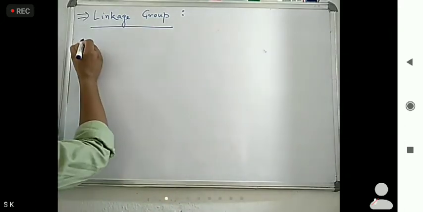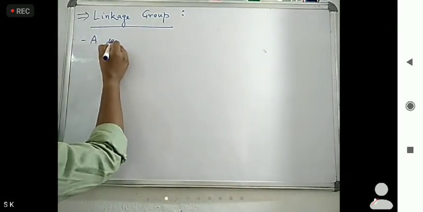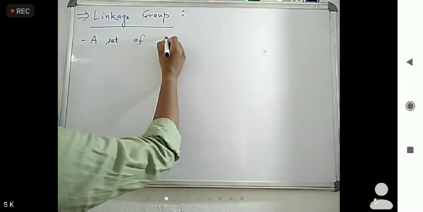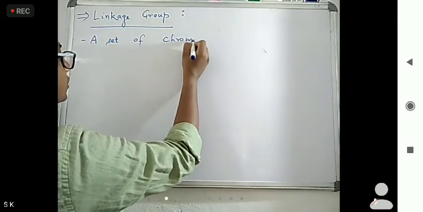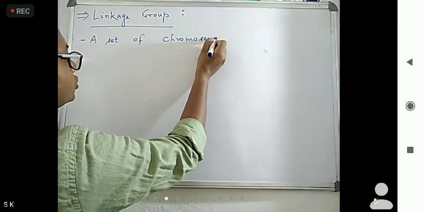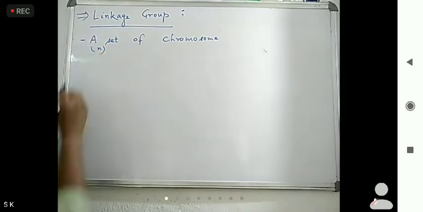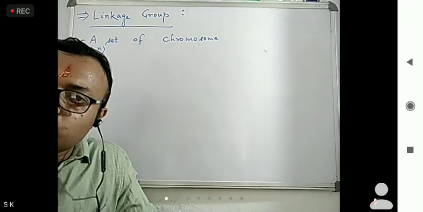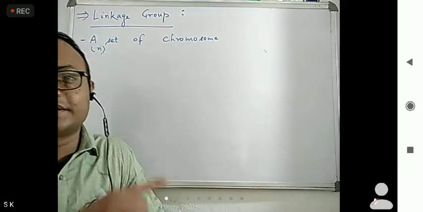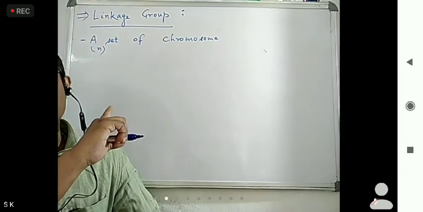So we can say a set of chromosomes. A set means n. Diploid means 2n, triploid means 3n, tetraploid means 4n. So here we are seeing n.